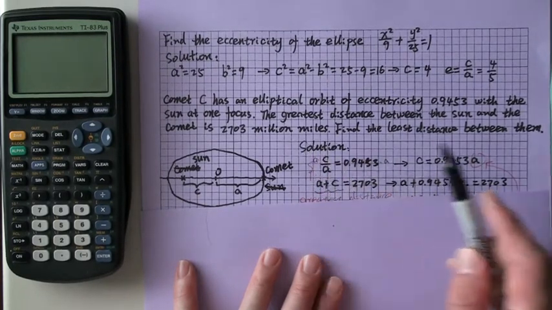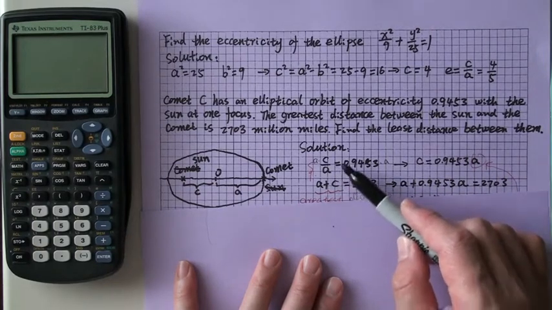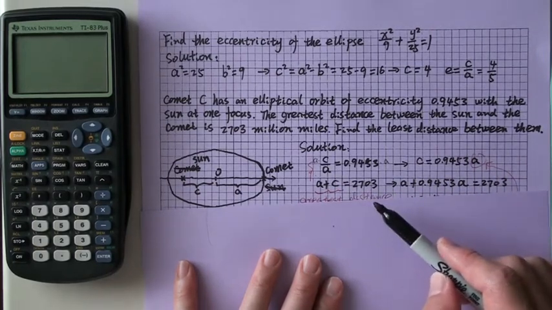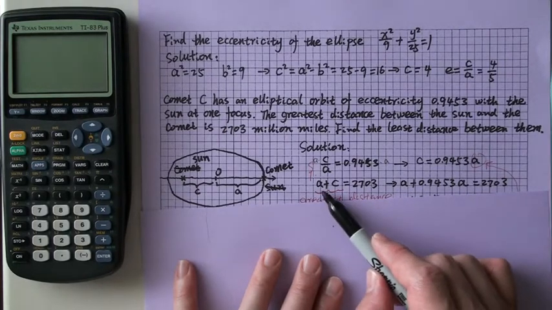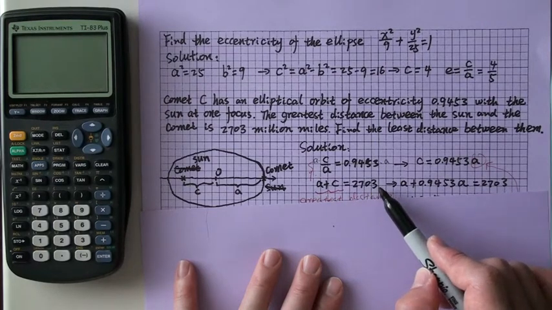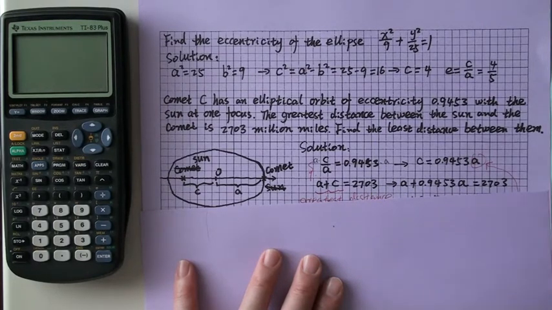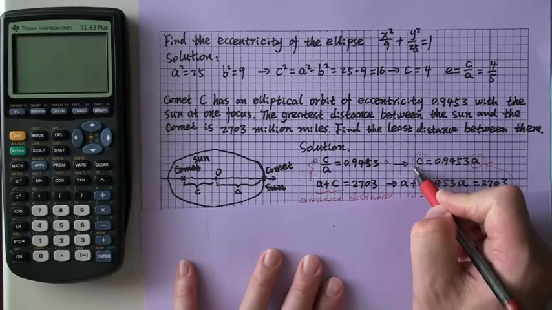2703 million miles. Now we have two equations. We can solve for A and C. You see A plus C is 2703, and then you put this C into here.